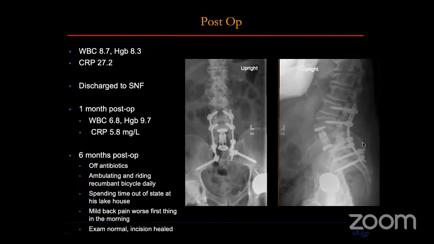I probably spent a good hour and a half to 2 hours continuing the exposure, getting the vessels mobilized. In fact, you have to undercut the vessels. You have to leave a rind on the dorsal side of the vessels in order to get underneath them to get the corpectomy out. It is not an easy exposure, and it takes a long time.